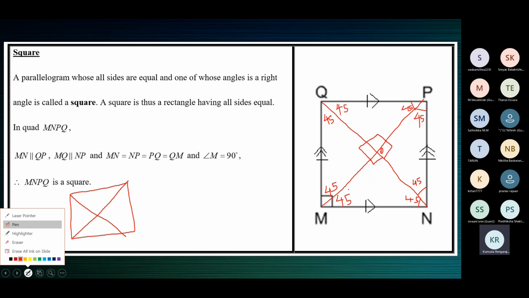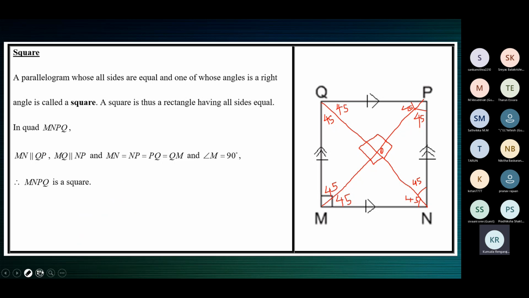Is this understood, children, if I erase? Okay. Children, is everything about square MNPQ understood?